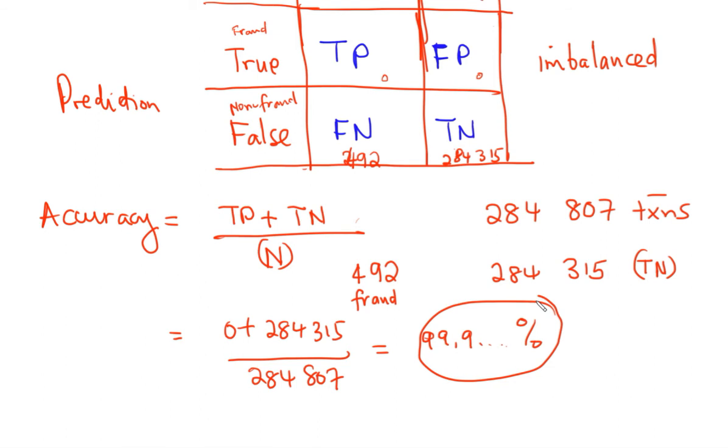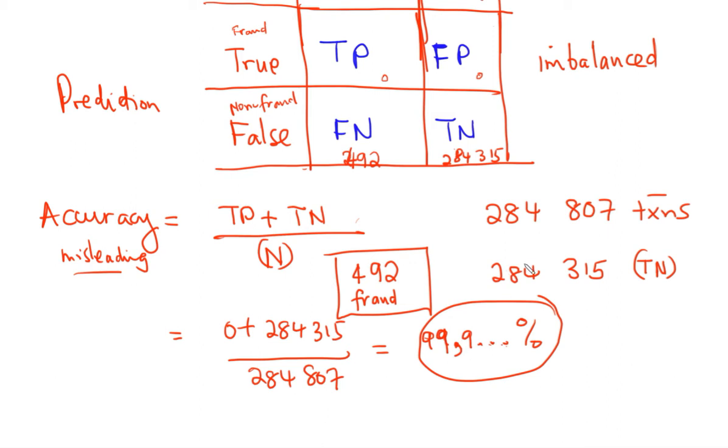But we know this is misleading, because we do have fraudulent cases here. Imagine if each one of those fraudulent cases was a billion rand, which means the business would have lost 492 billion just by you not predicting that correctly. So you see the impact of accuracy being a very misleading measure when you have a data set that is imbalanced, because we are going to get a very high accuracy.